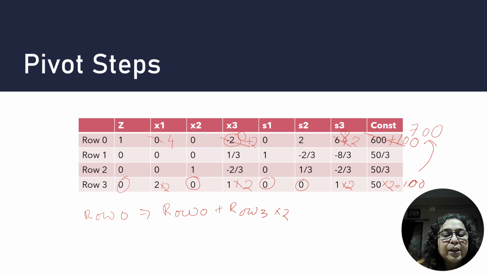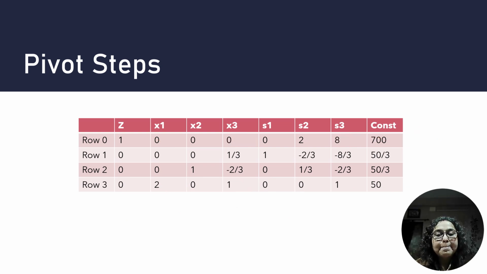So the next step is to make this element equal to 0, and so how do we do that? Let's move on. So I have already made this change. Let's move on to the next step. So we have got this 0. Now we will move to the next step where we make this 0, right?